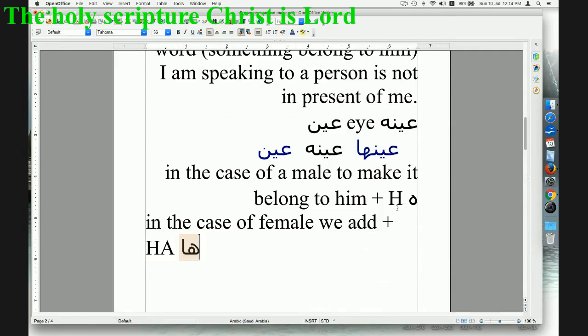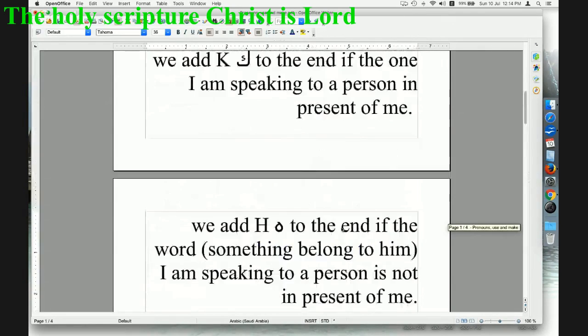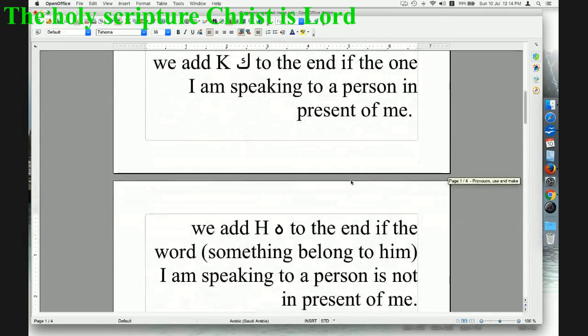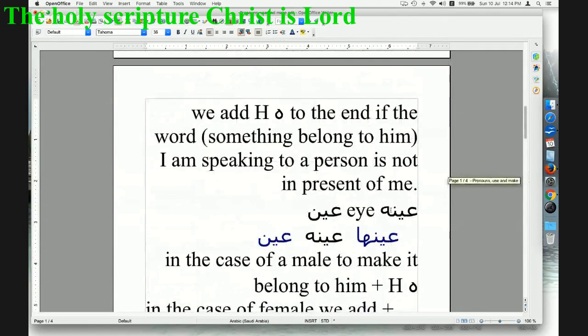All right. Now, how will we know when we need to use the ka and when the ha? How do we know that here is the right place to use ka, and here is the right place to use ha? Both of them present the ownership of something. Something belongs to you.